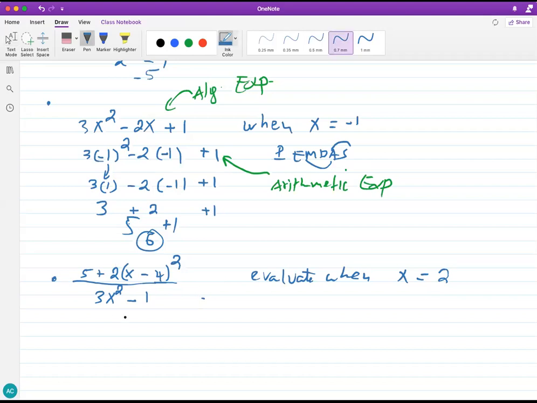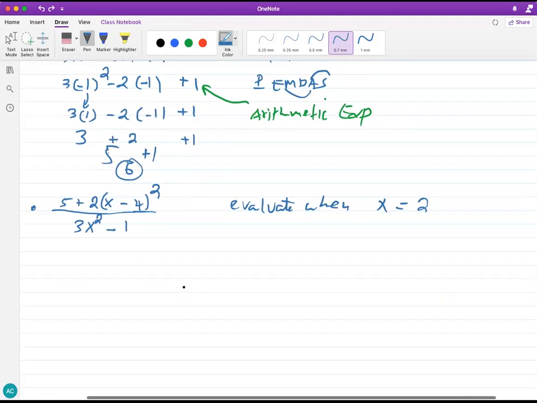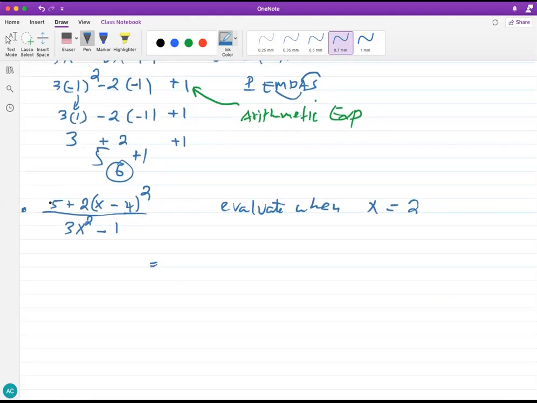All right, so it's 5 plus 2. We're going to change this to 2 minus 4 to the second power. And over here, same thing. So I have 3 multiply x.